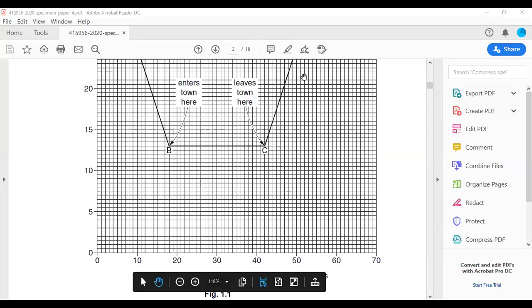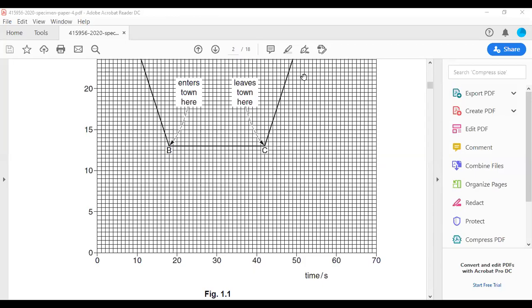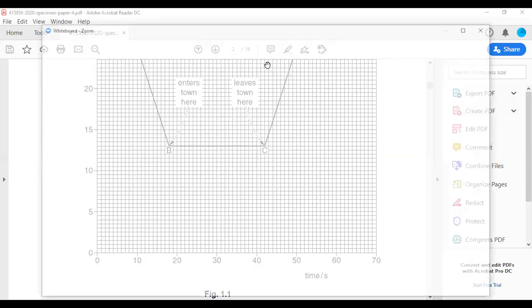So we need to calculate the distance. We're calculating distance in a speed time graph. The distance is equivalent to length by breadth, which is the area underneath the graph. What we would have done is the area of a rectangle.